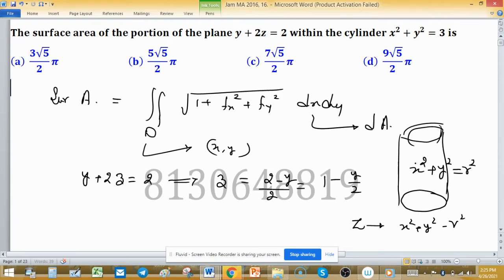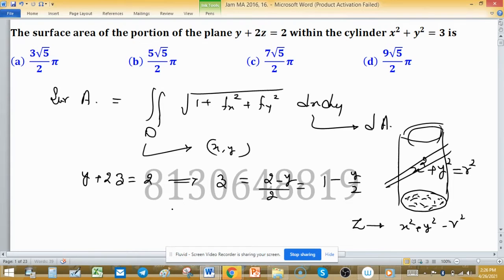Normally, if there is any plane like this, and we have to find the surface area of this plane within this cylinder, it means xy are coming from this disk. So the area of the disk is the area of the circular region.